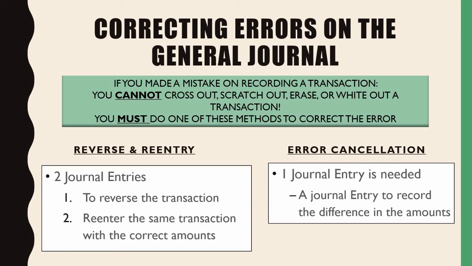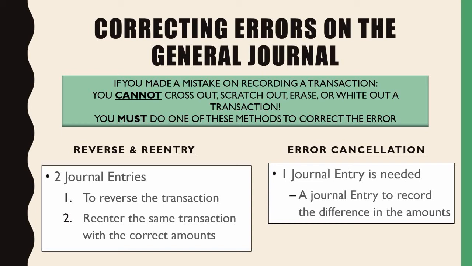Now, obviously, if you are submitting this to your accountant, and let's say you did make a typo, whether you fat-fingered a number by accident, then that is where you're going to have to create another journal entry to fix the mistake that you've typed in, okay?